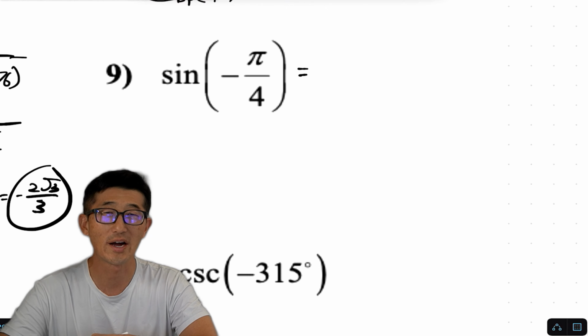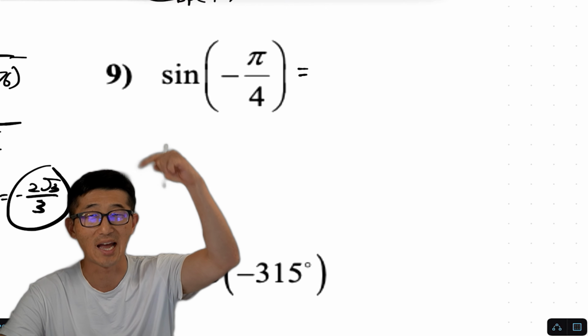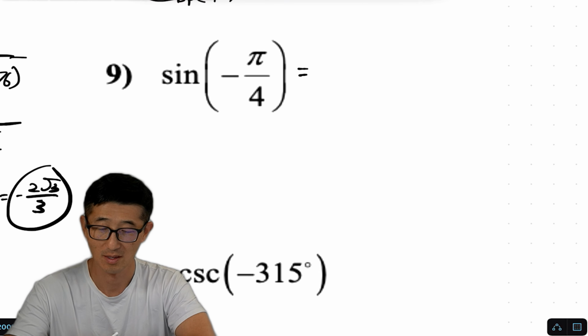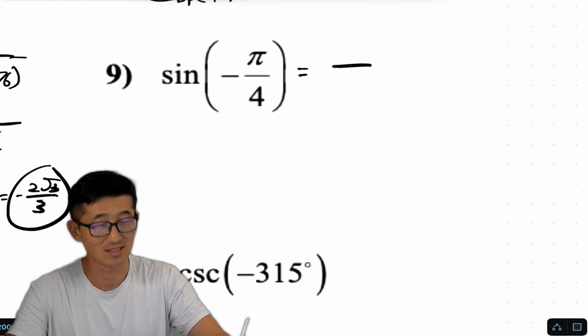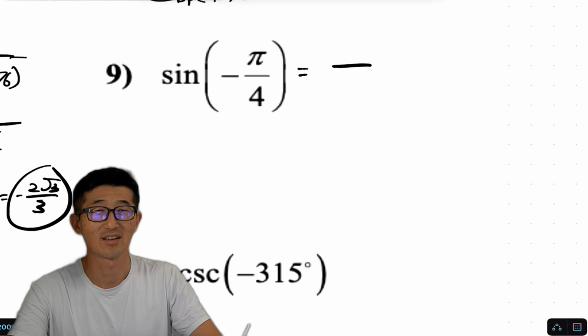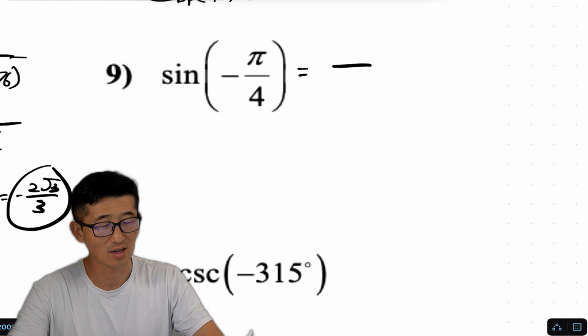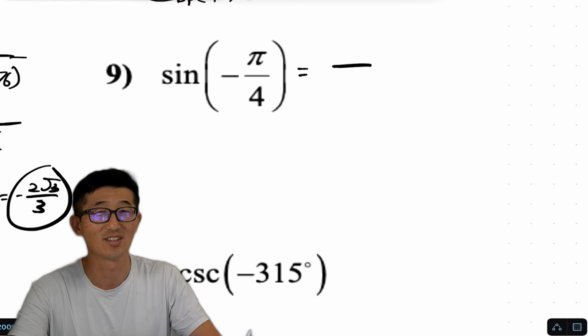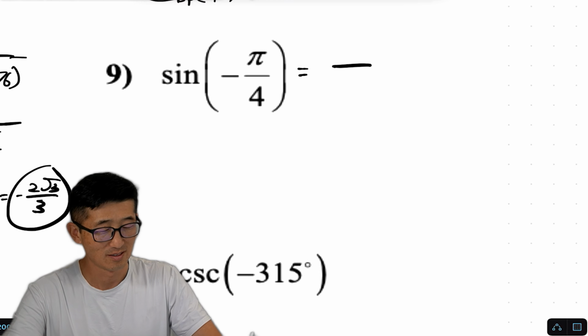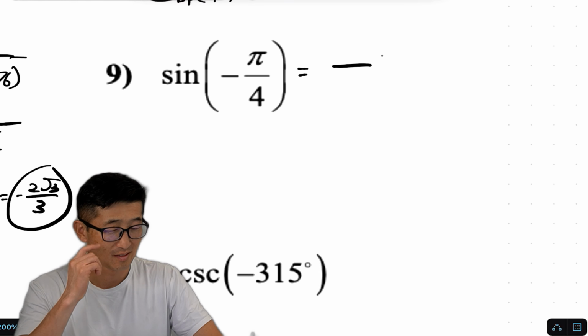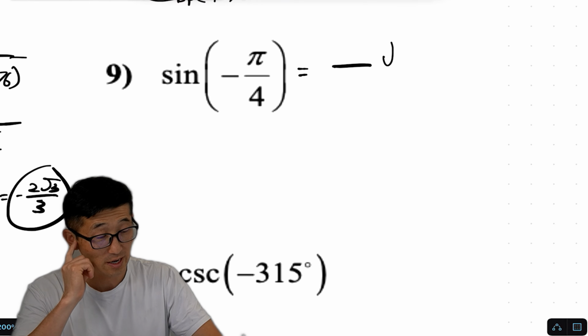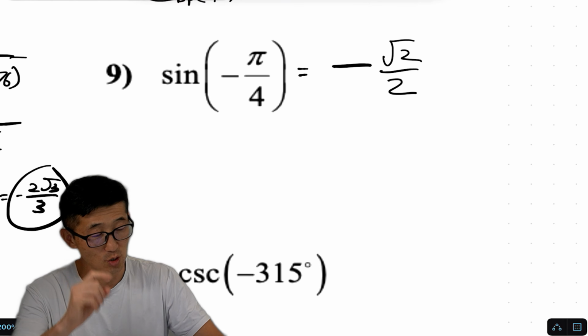Sine values are y coordinate values. In quadrant 4, you go down. It's going to be negative. Yes, negative. That's what I said. Okay, negative rad 2 over 2.